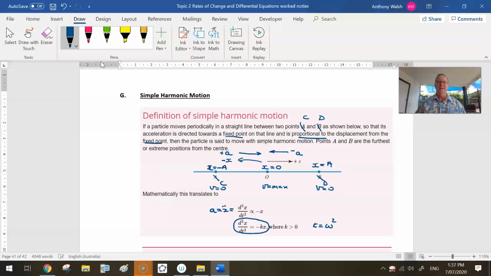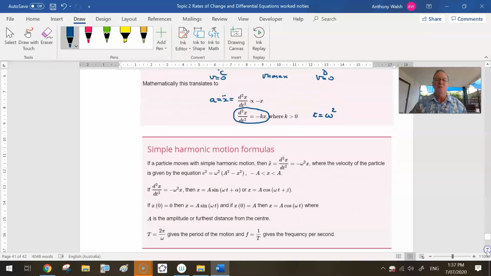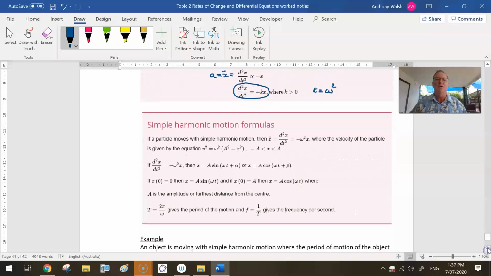So on that basis, if d squared x dt squared is equal to negative kx, where the center of the 2 points that they move between is at the origin, then we can go on and get these formulas for simple harmonic motion. Now, the first one.